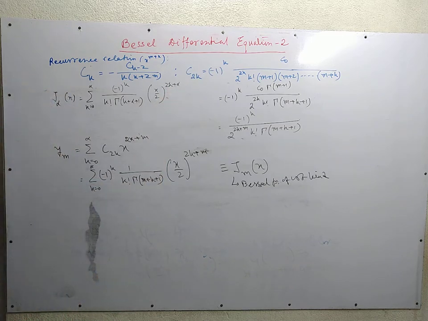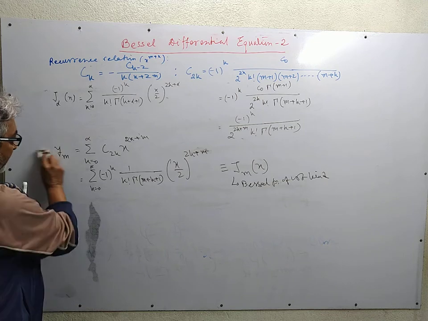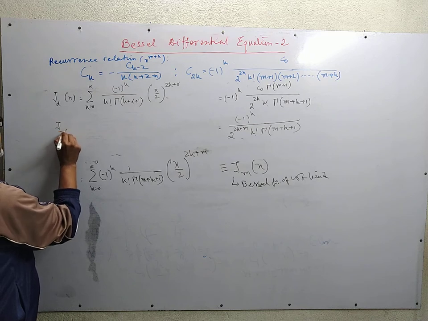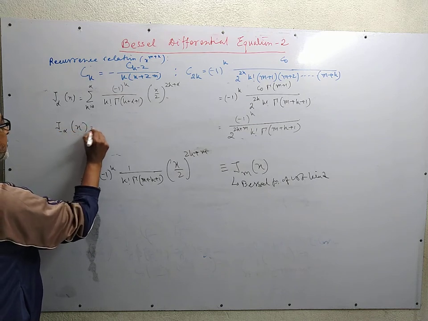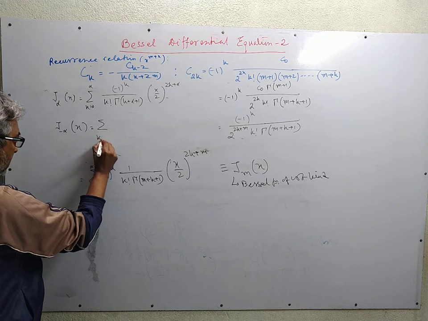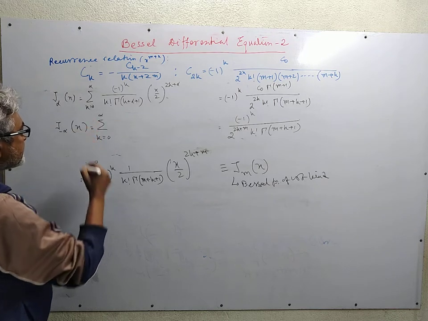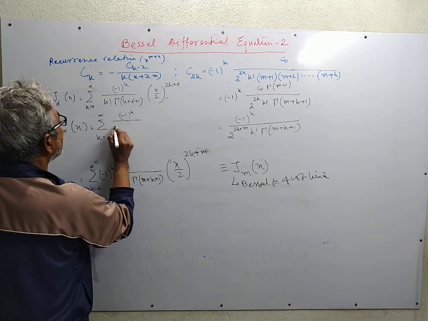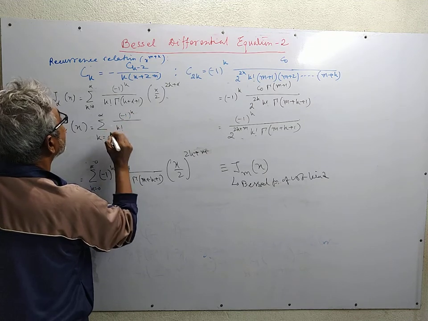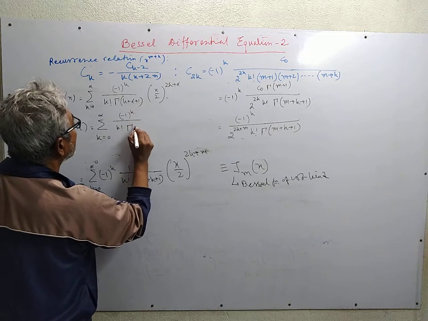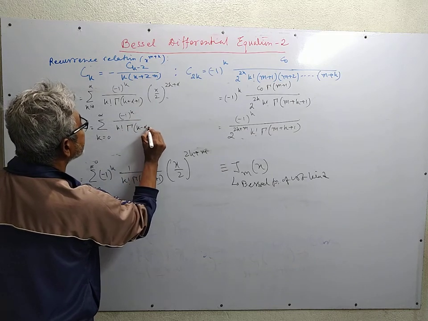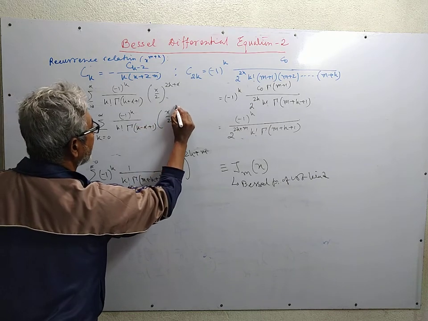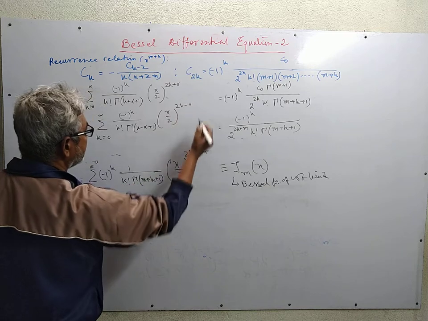This is for m is equal to plus alpha, and for m is equal to minus alpha we have J of minus alpha, with gamma of k minus alpha plus 1, then x by 2 to the power 2k minus alpha.